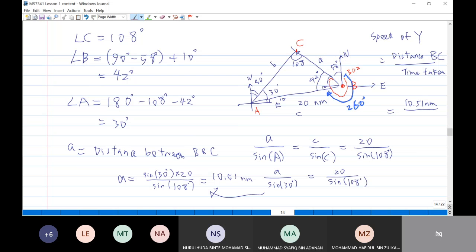So the answer is 10.51 knots. The speed is not a distance now. So 10.51 is the speed of that vessel. This actually answers the question already. So the answer is 10.51 knots.